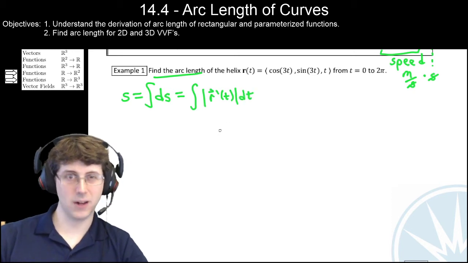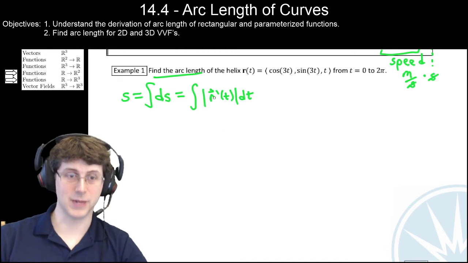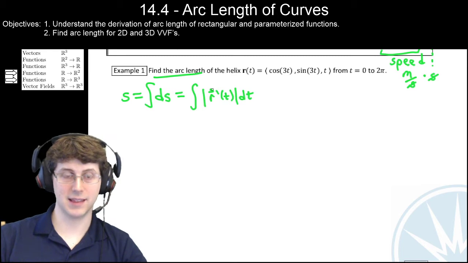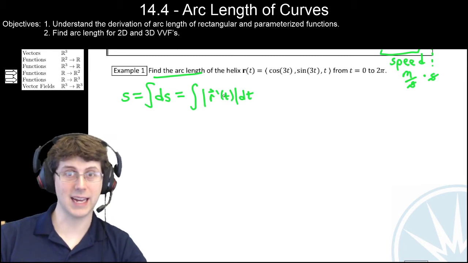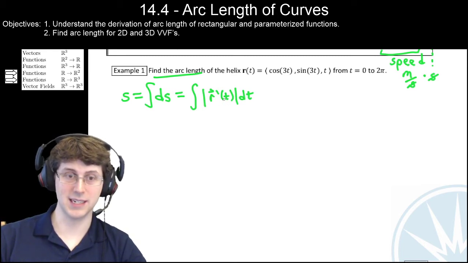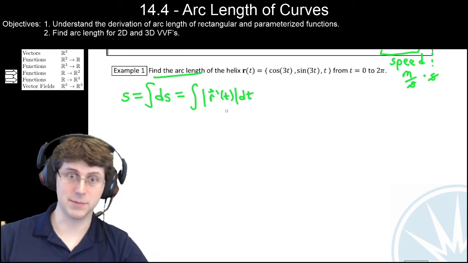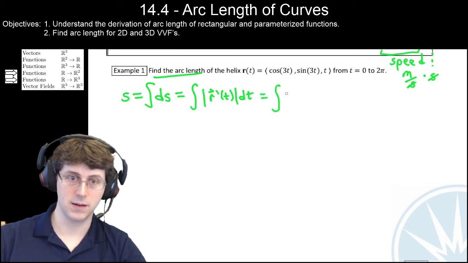So we're really getting all the way back to distance is rate times time here, like way back in math. It's just that this object, which we've been learning how to deal with in all of chapter 14, is the complicated object that you have to be okay with dealing with. So first we'll find r prime of t. I'll have to drop r prime of t in here.